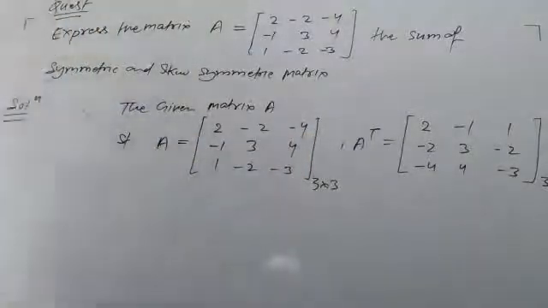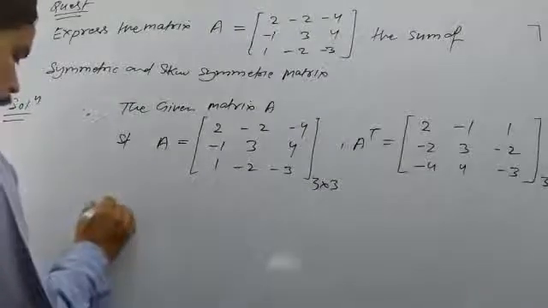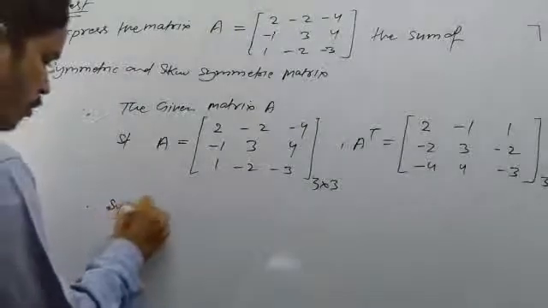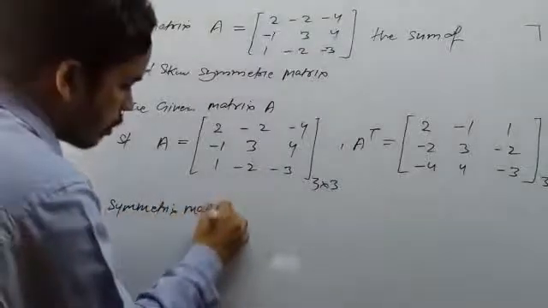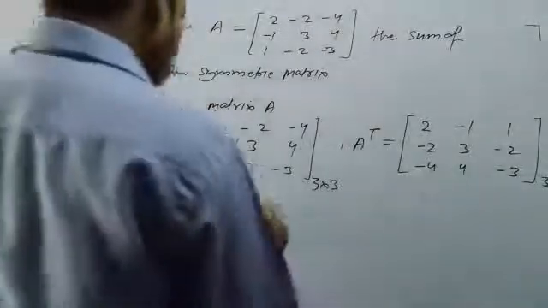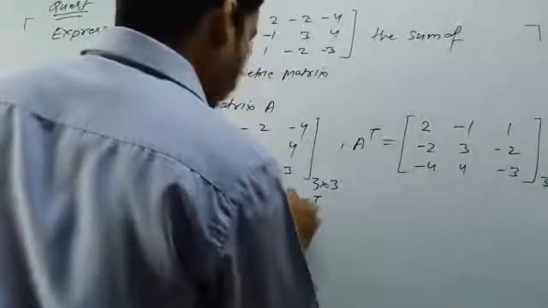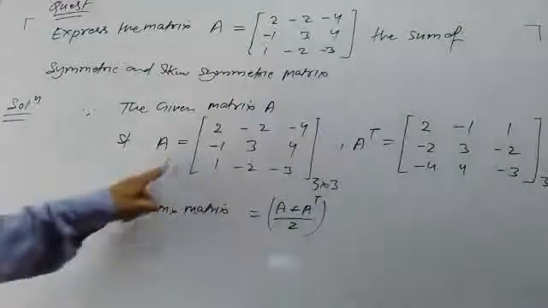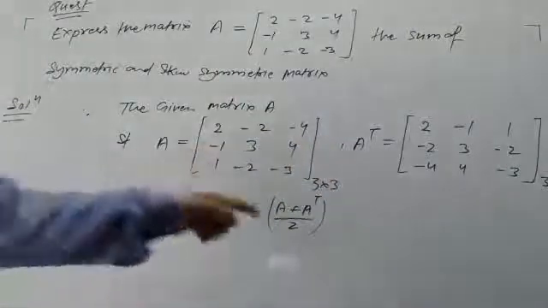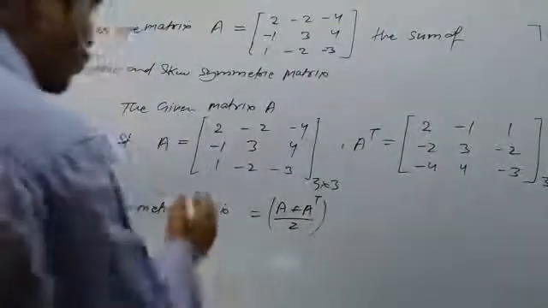For the symmetric matrix formula, the symmetric matrix is equal to A plus AT by 2. So we have to add A and AT, then divide by 2. So solve it.